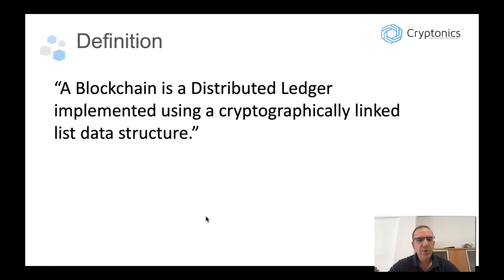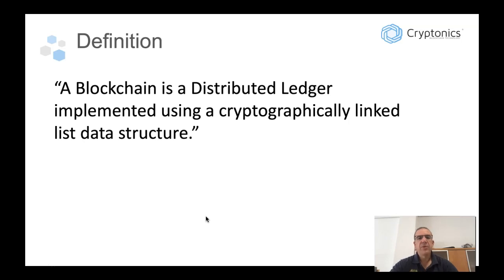So the important terms here are distributed ledger, and we'll define that in more detail in a minute. But there are different types of distributed ledgers, and a blockchain uses a linked list data structure to maintain this ledger.